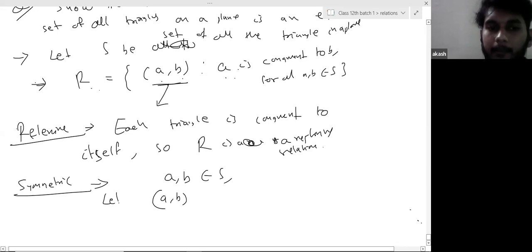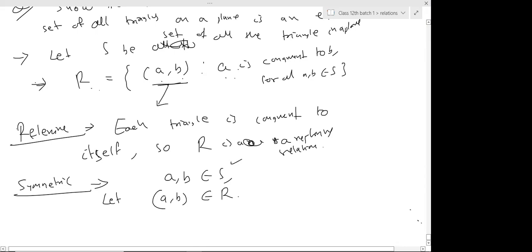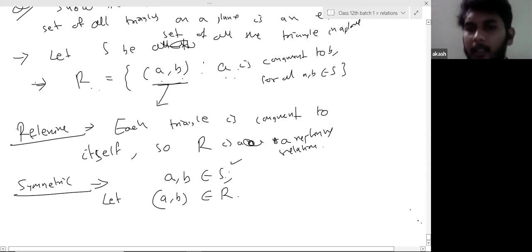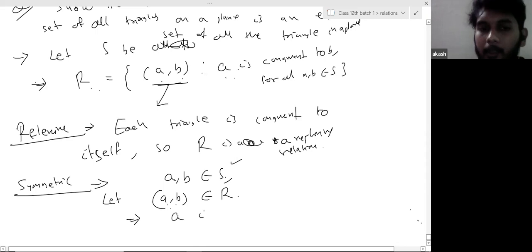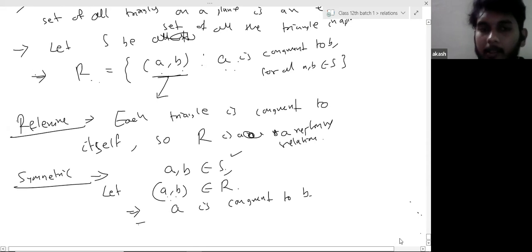We can say let A comma B belongs to R, right? And Kulsum, you don't have to write this thing twice. A and B are two elements in S, that means B and A are two elements in S, right? The same thing here. You can write let A comma B belongs to R. This implies that A is congruent to B, and this implies B is congruent to A.